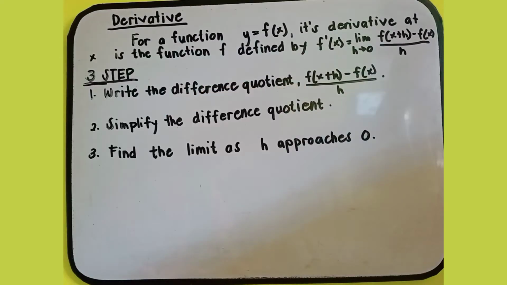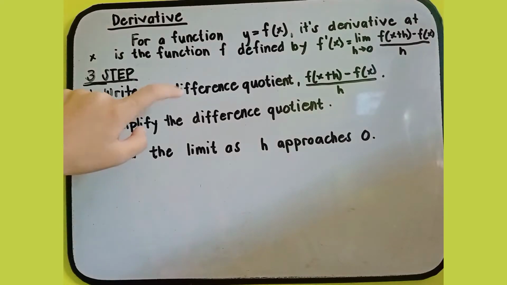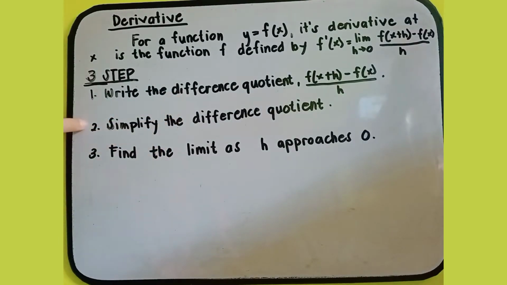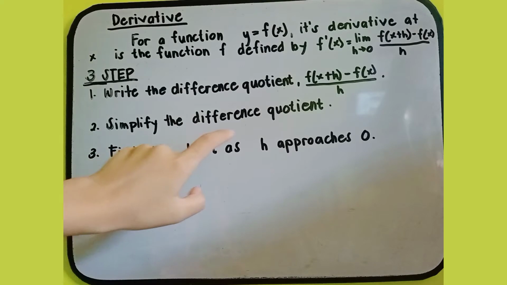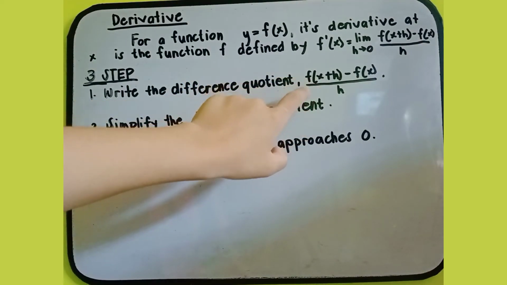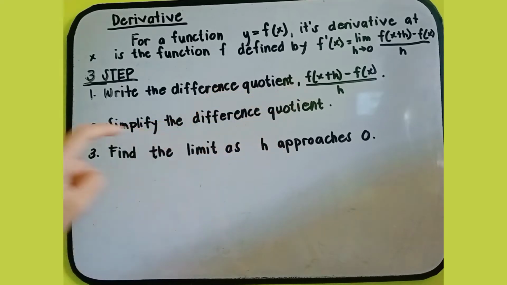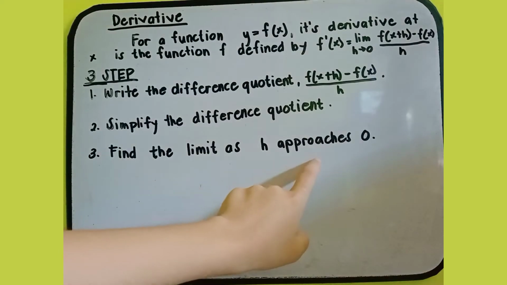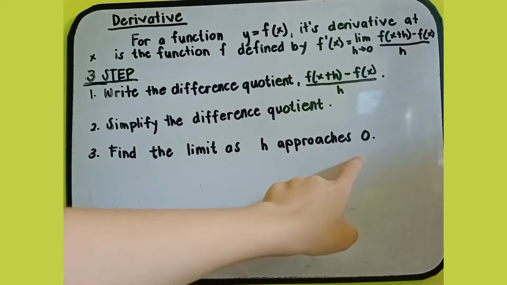If you are not familiar with the difference quotient, you might want to check out my video tutorial about it. For our second step, simplify the difference quotient. After writing the difference quotient, we now simplify. And for the last step, find the limit as h approaches 0.